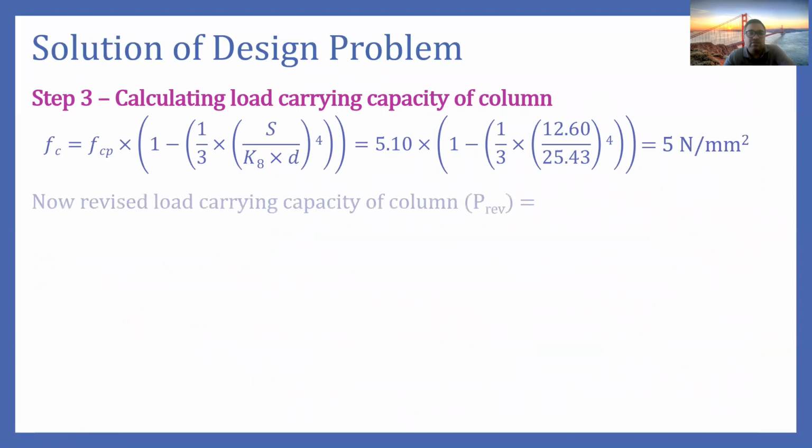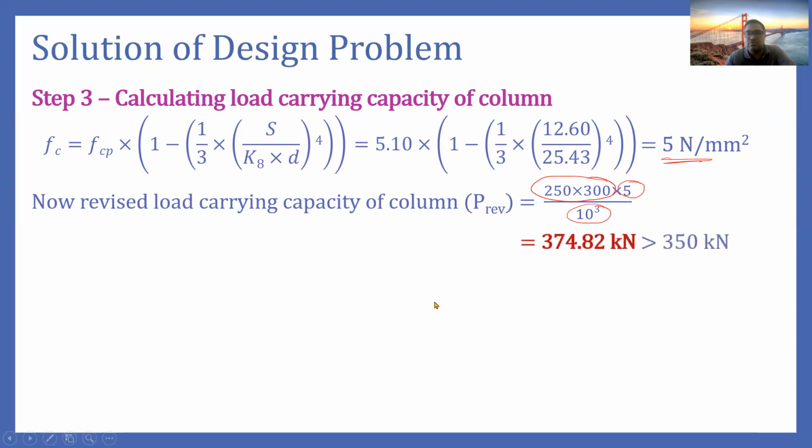Now again, we will find the revised load carrying capacity, because we now have the new cross-sectional area and the new value of FC. So the revised load carrying capacity is the area of the column multiplied by the FC value, whole divided by 10 raised to power 3 to get the value directly in kilonewton.